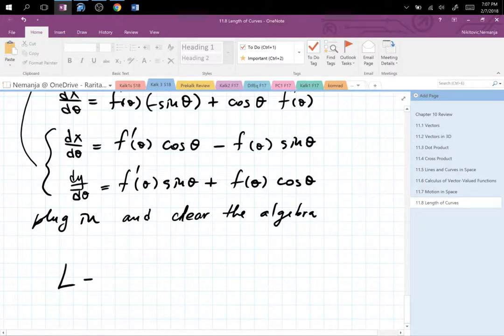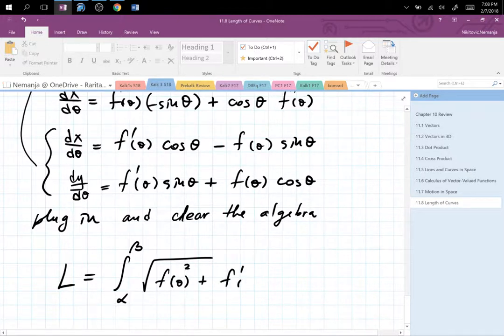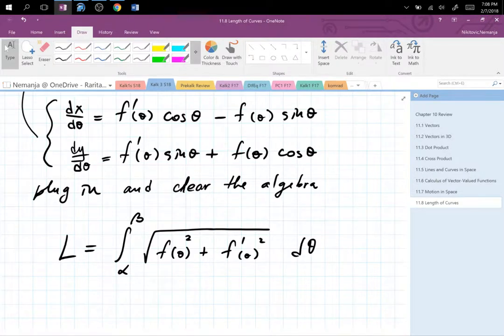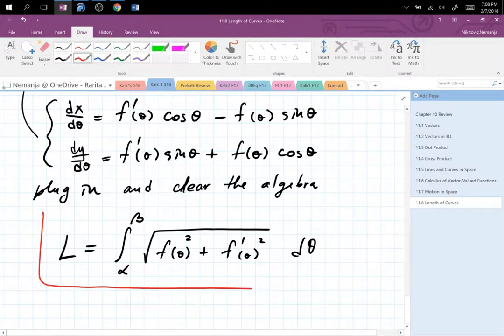It simplifies to L equals integral from alpha to beta of the square root of f of theta squared plus f prime of theta squared d theta. So it cleans up very nicely. It's going to take you 10 minutes or so to get to this. Again, honors. And that could be one of the questions for the test, but probably not, I don't know.